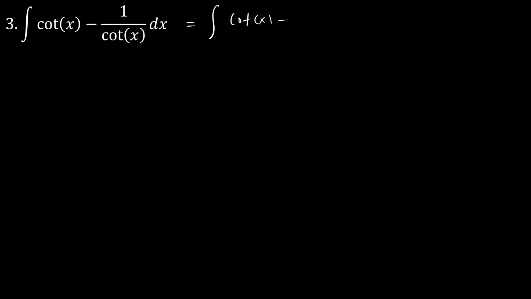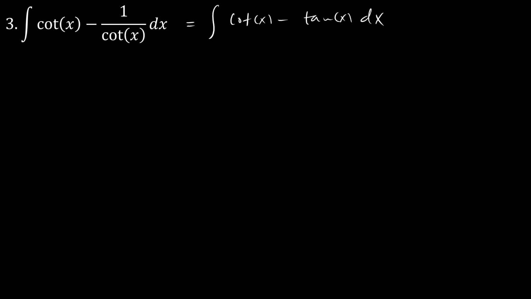Problem number 3, the indefinite integral of cotangent of x minus 1 over cotangent of x, and 1 over cotangent of x is just tangent of x. So we have the integral of cotangent of x minus tangent of x.